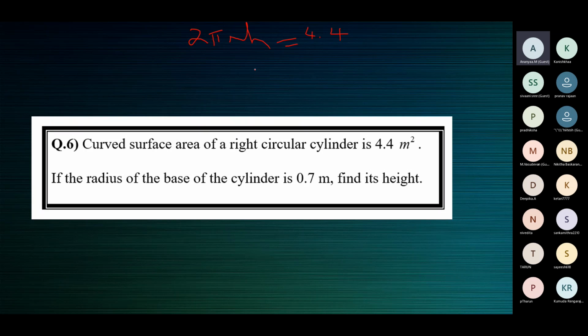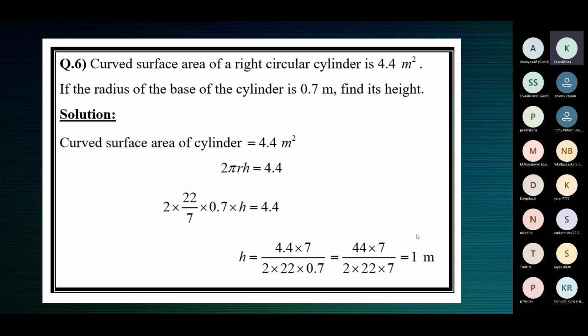Solving that, 4.4H equal to 4.4. H equal to 4.4 by 4.4 equal to 1 meter. Very good, Ananya. That looks like the correct answer. I too got the same.